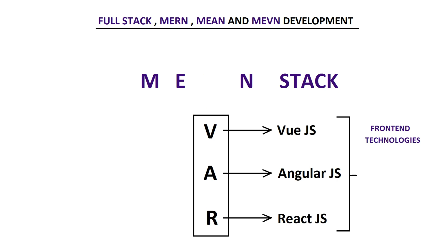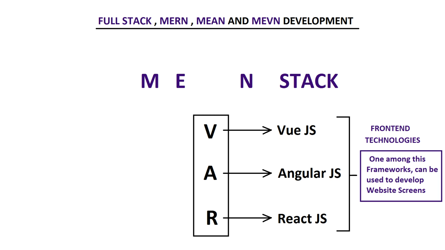V, A, R are the front-end technologies. One among these frameworks can be used to develop website screens. If we are using Vue.js, then the technology is called MEVN stack. If we are using AngularJS, then the technology is called MEAN stack. If we are using React.js, then the technology is called MERN stack.